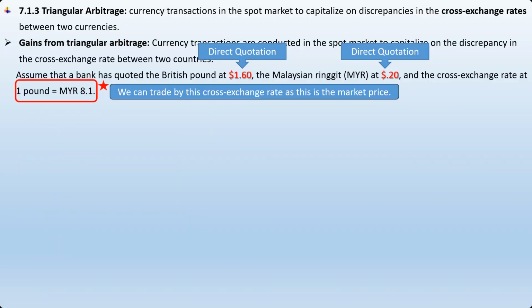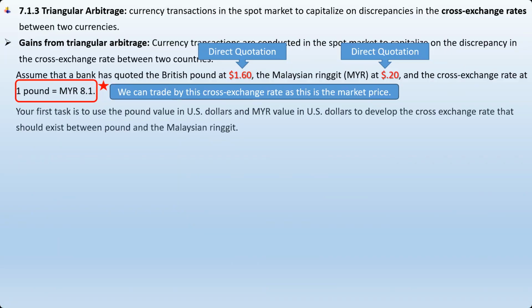And if you have 8.1 Malaysia ringgit, then you can get one British pound. This is the cross exchange rate that we can trade between British pound and Malaysia ringgit. These two non-US dollar currencies' exchange rate we call the cross exchange rate.